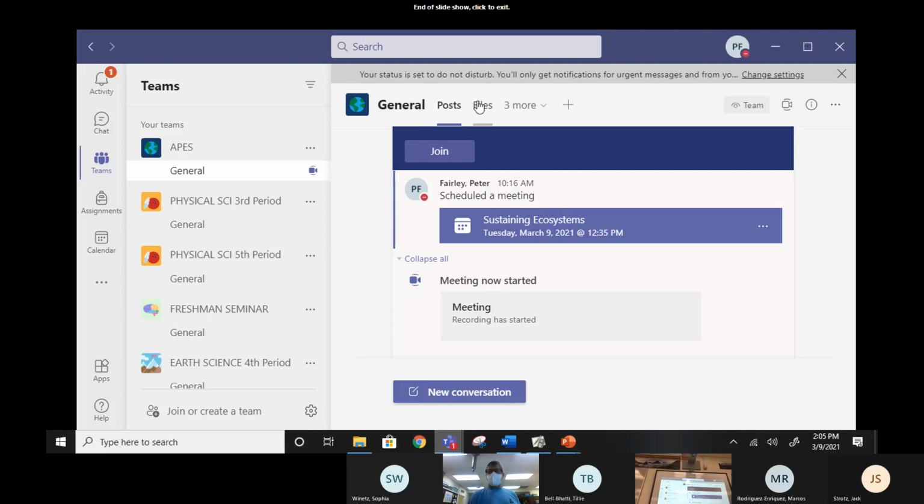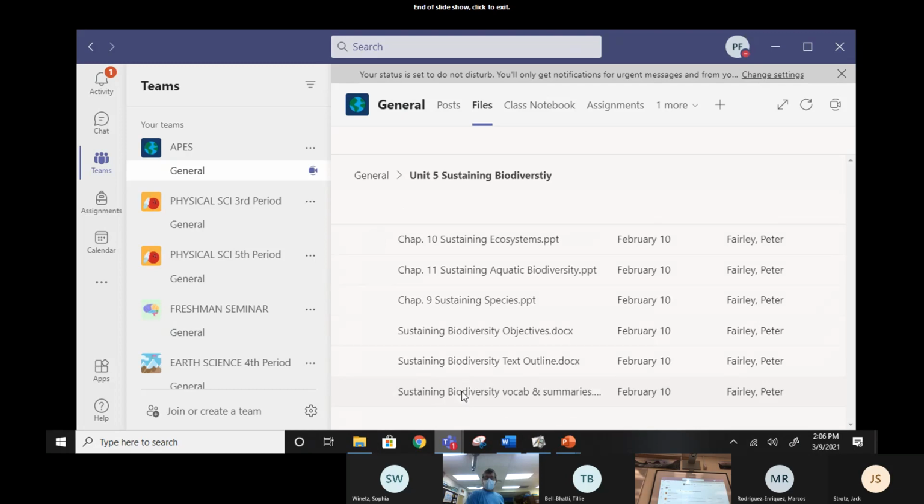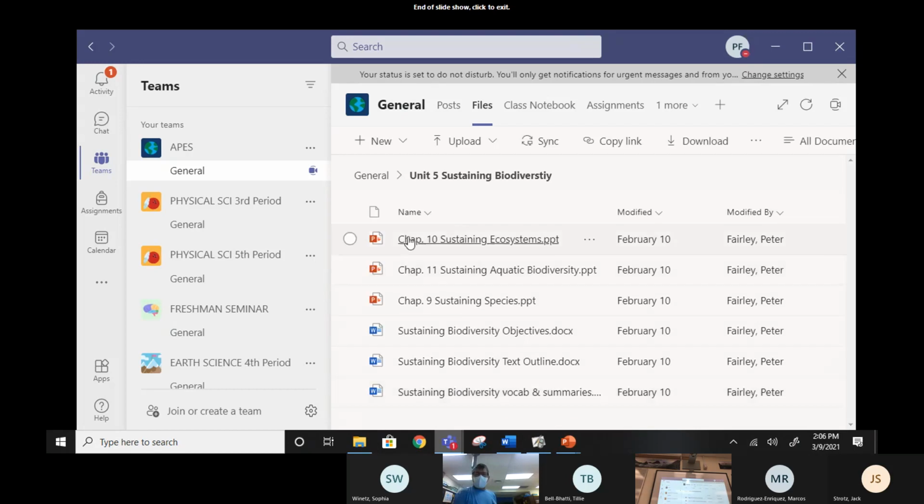All right. So if we look on Teams, let's just check. Let's look in the files. So I'm going to the files section. I'm going here, Unit 5, Sustaining Biodiversity. And then here's these 3 PowerPoints. All right.